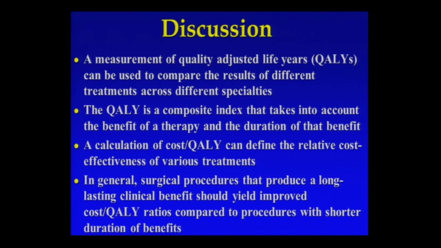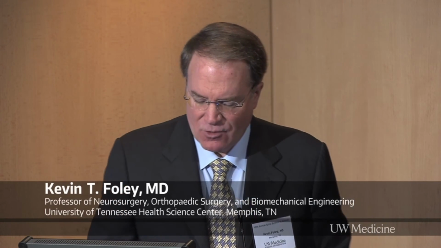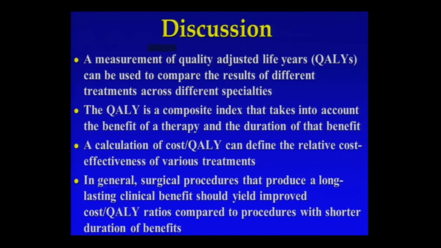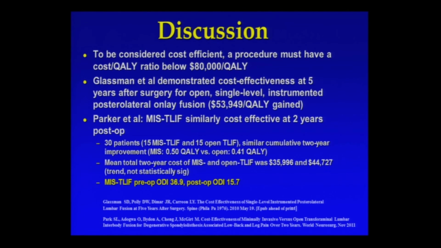So you can take the treatment of hypertension with medication, or total hip arthroplasty, or coronary bypass grafting, or spinal fusion, and get a broad understanding and a comparative understanding of what the worth of those interventions are to society by looking at the QALYs that result. Now, the QALY, remember, is not just the improvement in utility that occurs, but it's multiplied times the duration. So needless to say, the longer your intervention lasts, the higher your QALY is going to be.